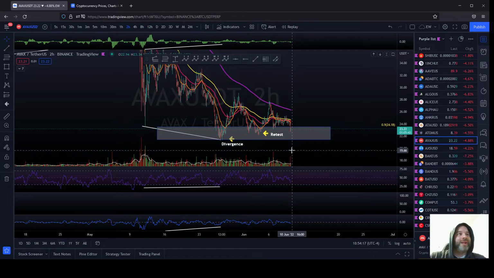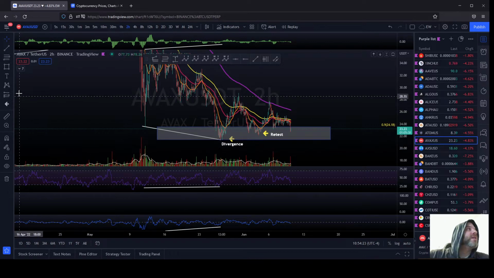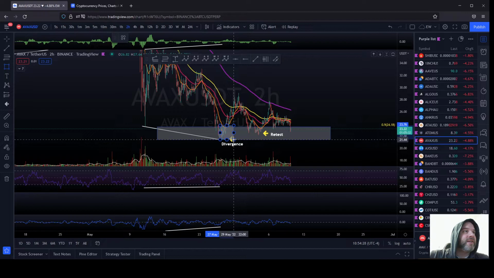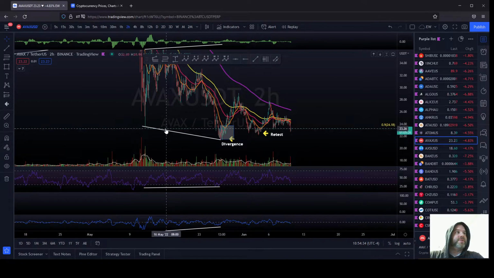Personally, I will trade both of these anytime. But for me, the divergence, if I had to draw a square around it, is right here. As soon as you go above this line here, to me, it's no longer a divergence.